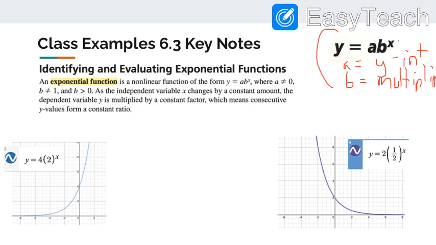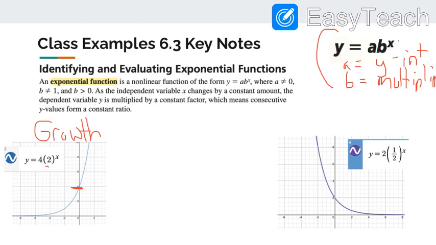So the a value tells you where it starts. You'll notice on one of our graphs from our warm-up was 4 times 2 to the x. That means we start at 4 and it's doubling each time. This is called an exponential growth factor, because it would be doubling as we move through.